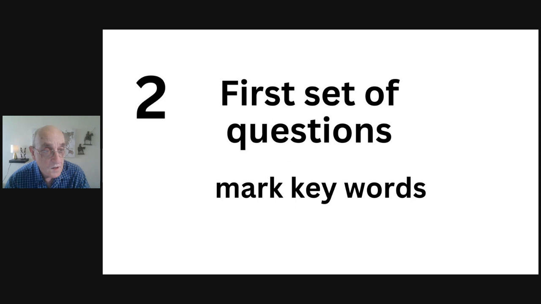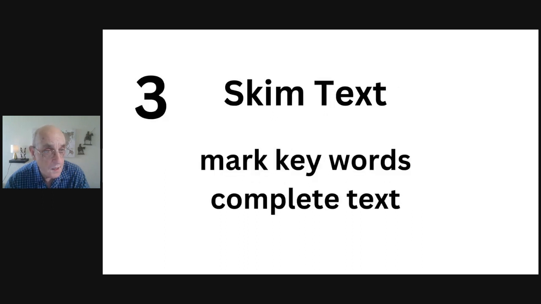So once you've taken a look at the first set of questions and marked the key words, now you want to go back to the text. And this is where you're going to deal with the whole text all at once, the complete text, because this is a step that you only want to do once.